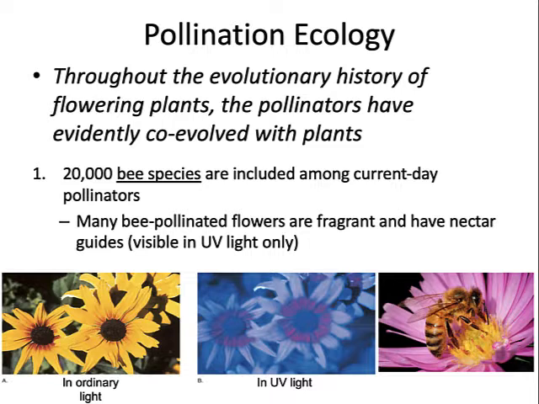There are 20,000 species of bees around the world that pollinate flowers. Characteristics of bee-pollinated flowers include the fact that they are very colorful, they are fragrant, and they produce nectar with nectar guides. And these nectar guides are visible in ultraviolet light only, but it allows the bees to find those flowers and that nectar source kind of like a bullseye.